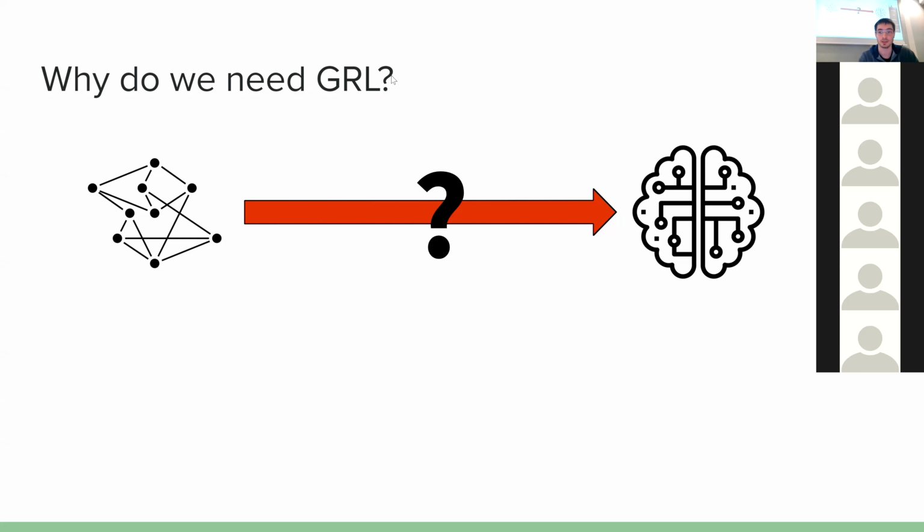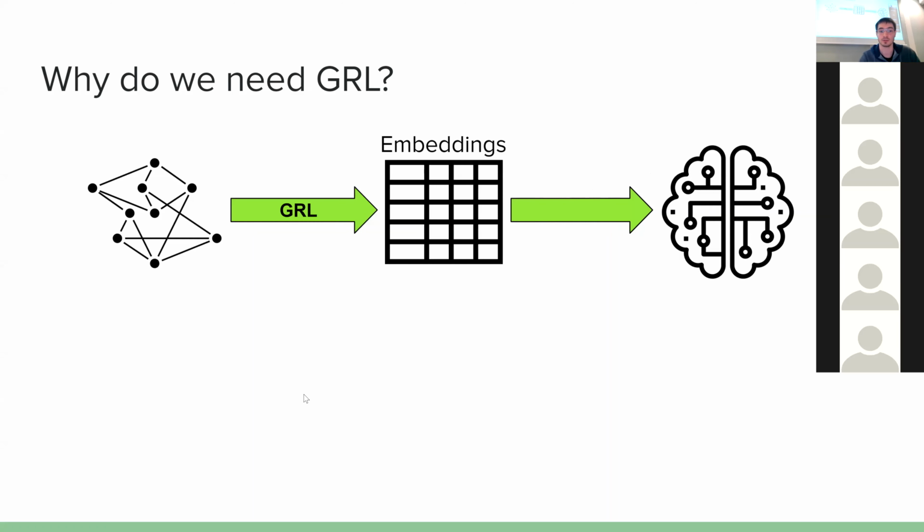So this is where graph representation learning comes into play. Graph representation learning allows us to turn our graph into some tabular data that can then be fed to the machine learning system.